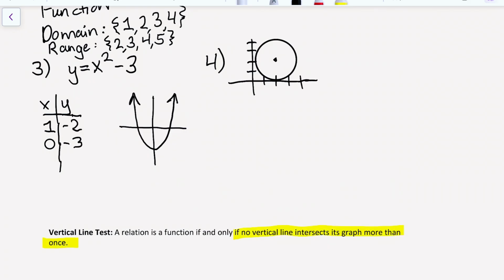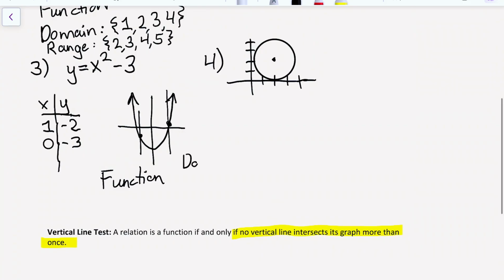The idea of this test is every vertical line I draw through a graph represents a specific x value. So if I draw vertical lines through my graph and they only cross the graph in one point, that means that that x value is paired with only one y value on that graph, and that is a function. So this relation is indeed a function. It passes the vertical line test.